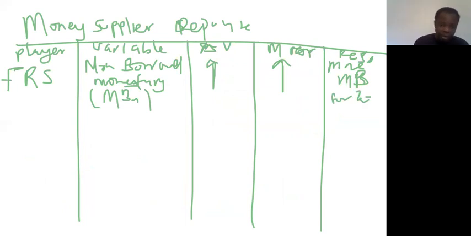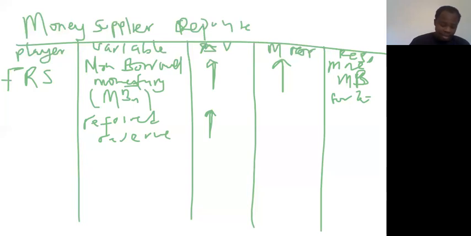The central bank can also use the required reserve because they determine it. Let's say they increase the required reserve ratio. Now, when they increase the required reserve ratio, what do you think will happen to the money supply? It's supposed to go down, right?